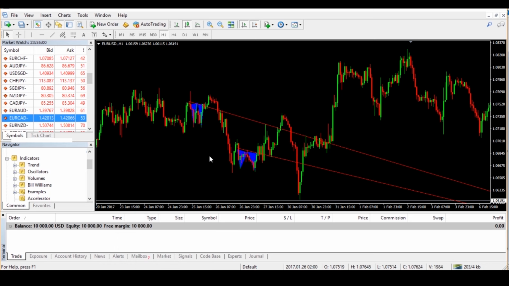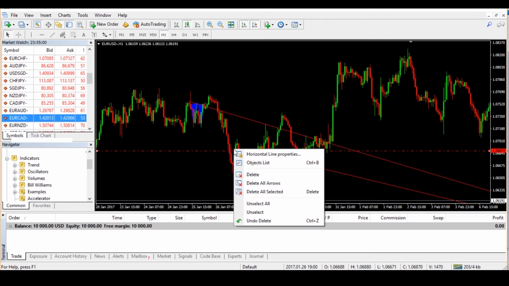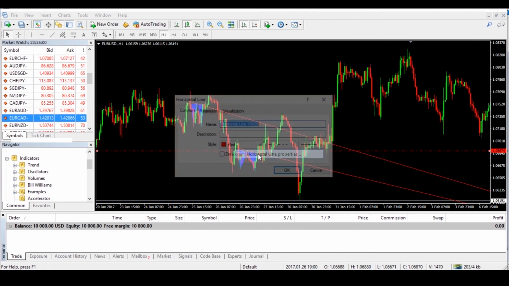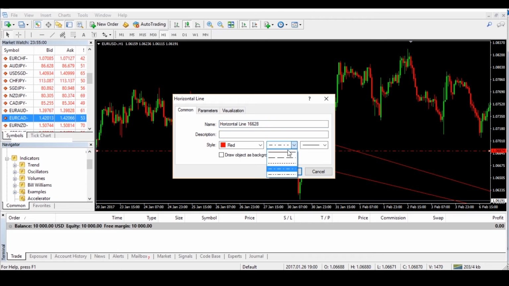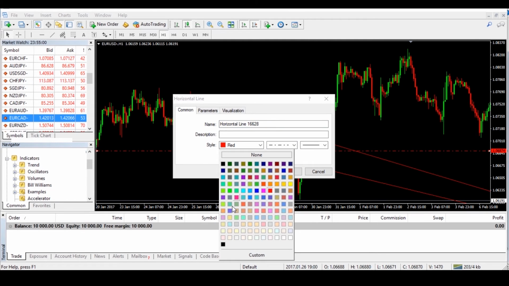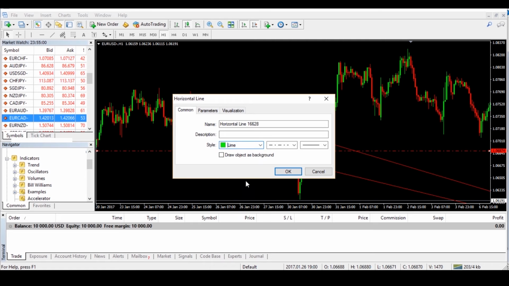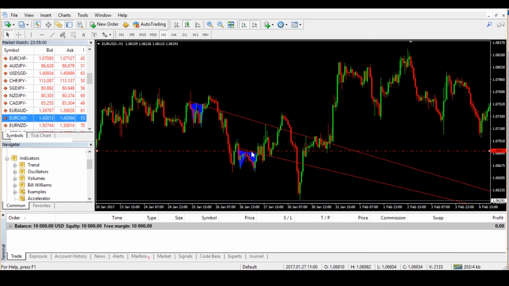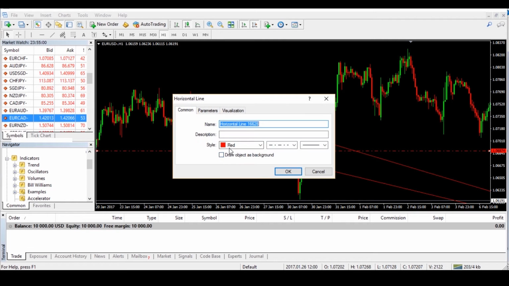Now, how you would want to trade this is you'd literally want to place a pending order just there by the neckline. And a take profit for the amount that you are aiming for.